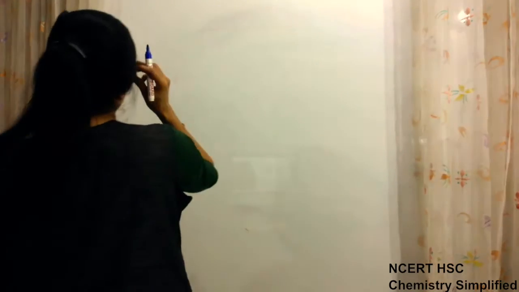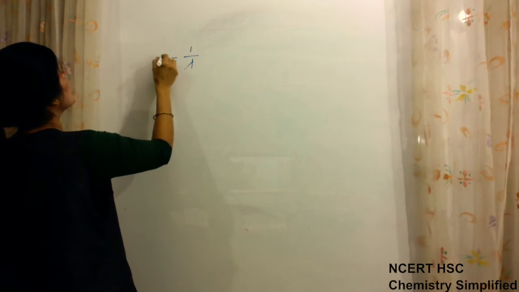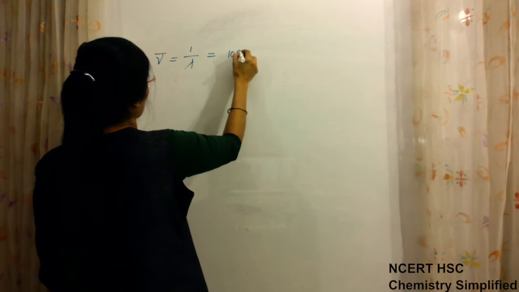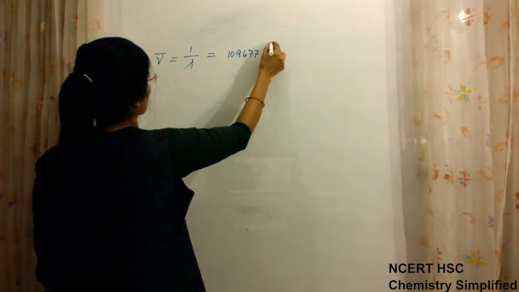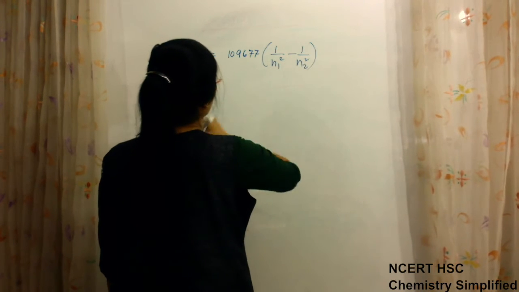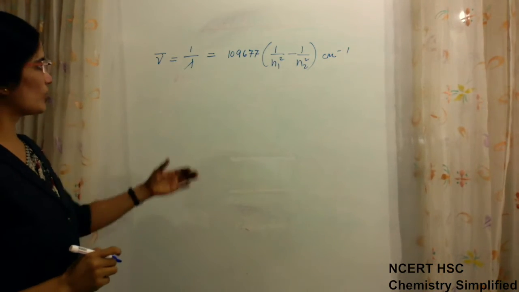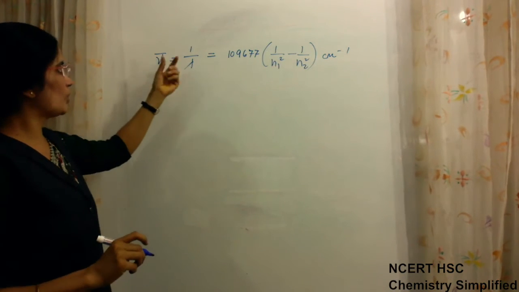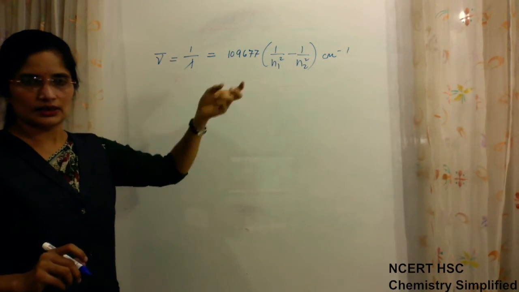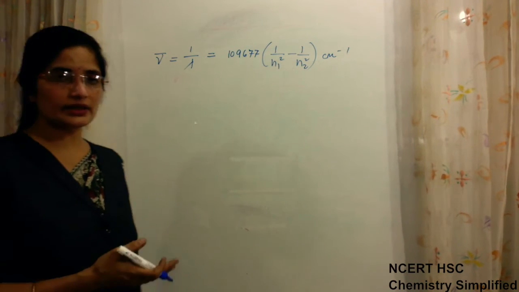We had written 1 by lambda, which is equal to nu bar, is equal to 109,677 (1/n1² minus 1/n2²) centimeter inverse. Okay, this was the formula for calculation of wavelength or wave number of radiations in hydrogen spectrum, falling in different regions.